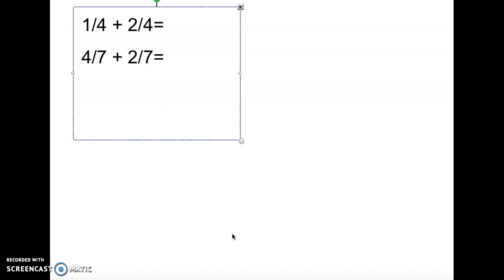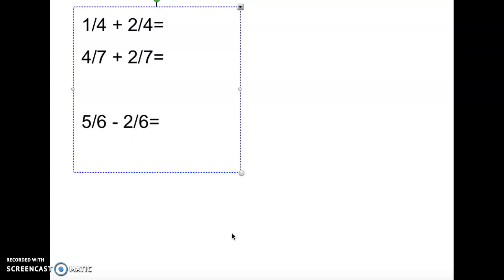So we're going to work on subtracting 5/6 minus 2/6 and 8/9 minus 3/9. Now, in 4th grade, you will get it to be where it's more complicated. In 3rd grade, not yet.